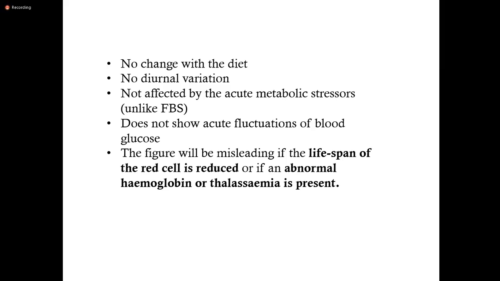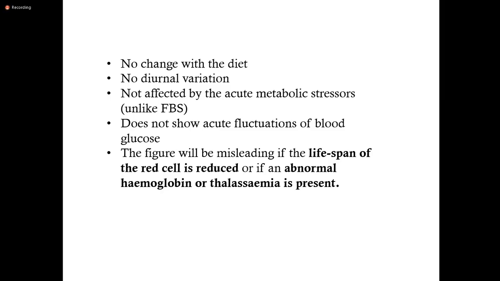There are little changes. And it is not affected by acute metabolic stresses, unlike fasting blood glucose levels, which of course get fluctuated with the acute metabolic stresses where counter-regulatory mechanisms come into play. But this HbA1c is not affected because it doesn't happen suddenly.